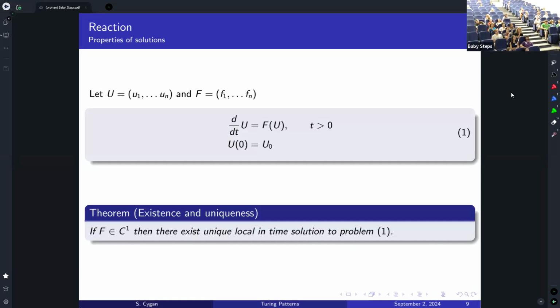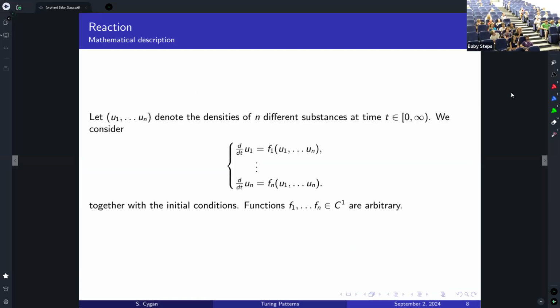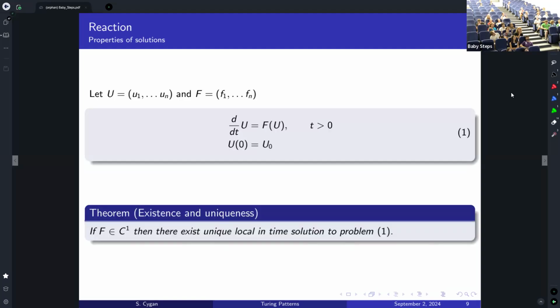The function f is now a vector-valued function from f1 to fn. And then our system written in this way has the time derivative vector from u1 to un, and here we have a vector of functions f1 up to fn calculated at the point u1 up to un.